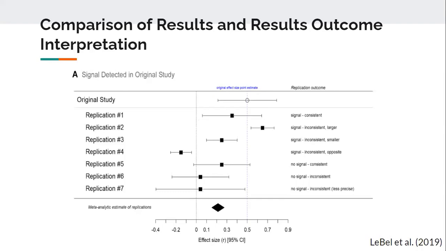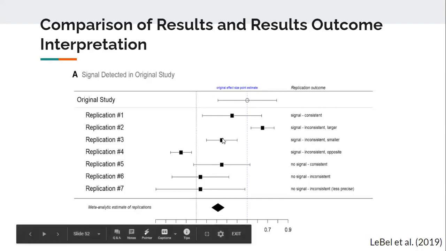And signal inconsistent larger means that the replication CIs do not include the original effect size. As you can see, it's also larger. The CIs are larger than the original effect size. And further, signal inconsistent smaller means that the replication CIs do not include the original effect size.